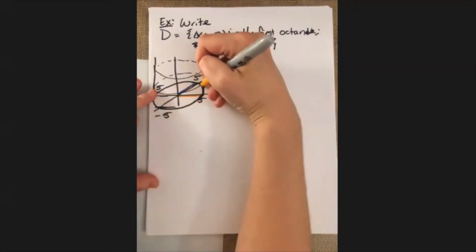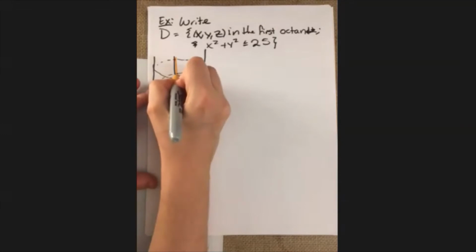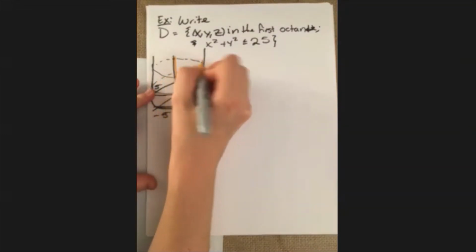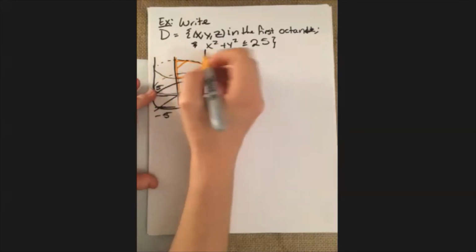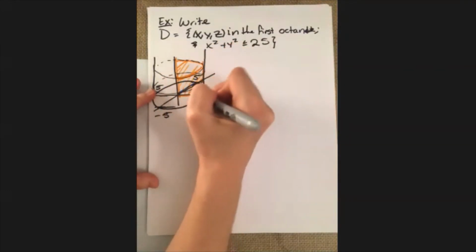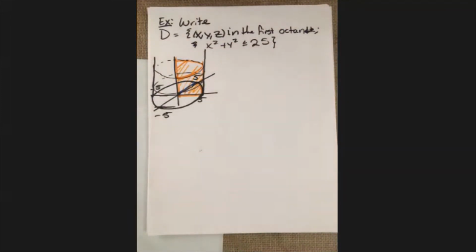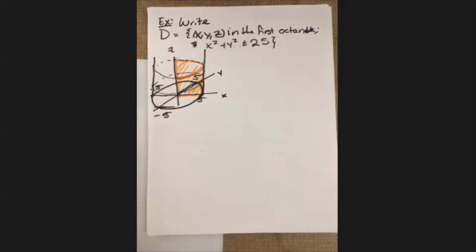Okay. So Z is positive. X is positive, Y is positive, all that. That's kind of like this part right in here. And I should probably label my axes. So this is Z, X, Y.